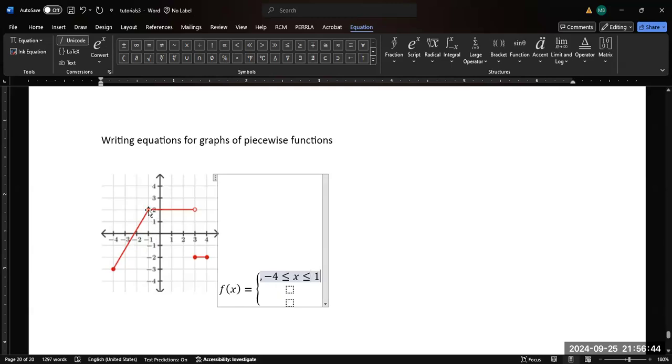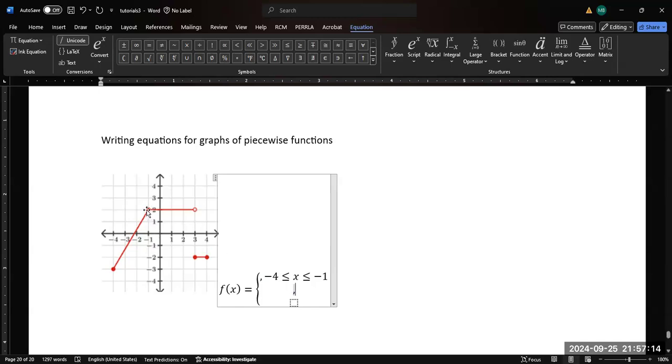Now, because these 2 pieces start and stop at the same place, we can choose whether to include the -1 in the first piece or the -1 in the second piece. Since it's not included at this end, I'm going to not include it on either end. And then we'll worry about the function part later. But for right now, we're just looking at where each piece applies.